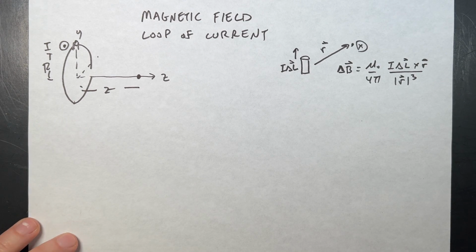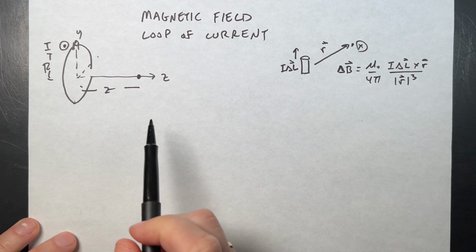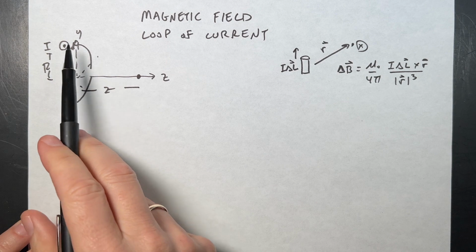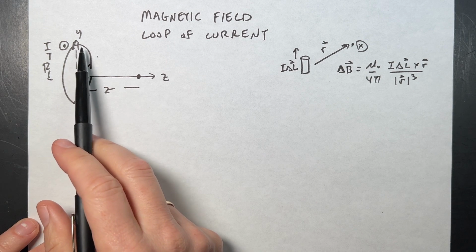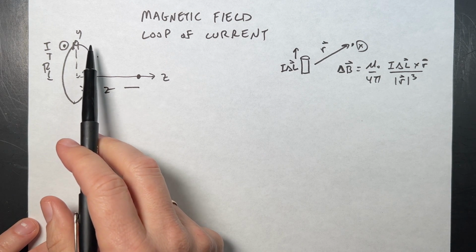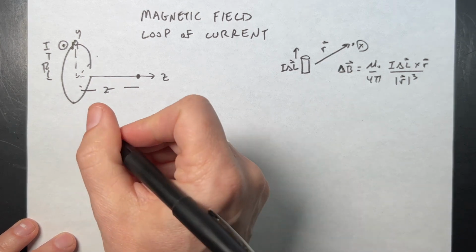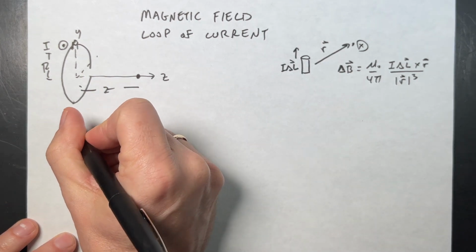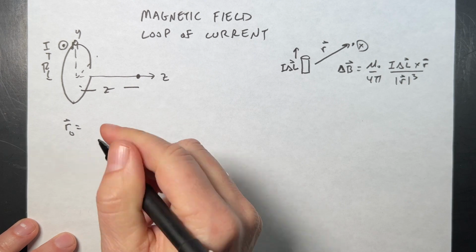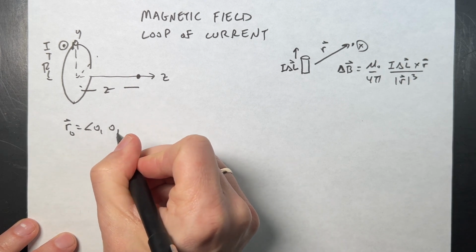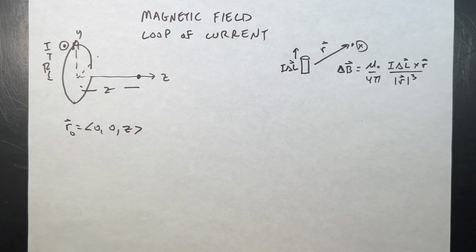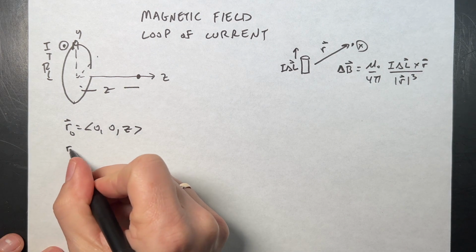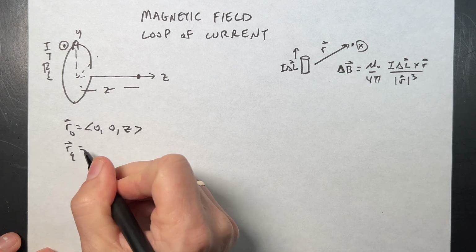So let's break this into a tiny little piece. And so I want to find the vector location of the observation location and the vector location of the piece. I'm going to call it R cubed because I did that before. That's the way I do it with other things. So let's write this out as RO. The vector location of my observation location is going to be 0, 0, Z, right? And then my vector location of my charge, RQ, is this.